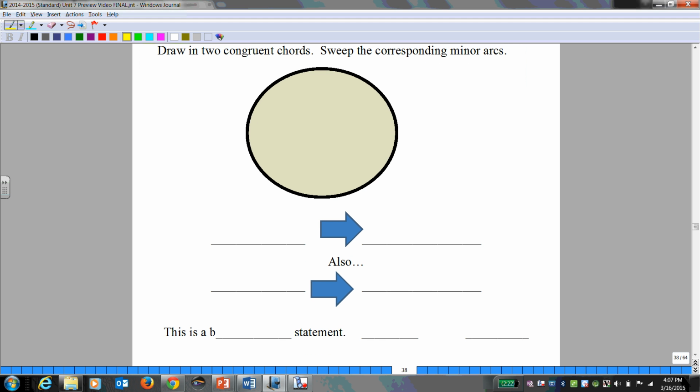First, we're going to start with something simple. It says, draw two congruent chords, sweep the corresponding minor arcs. So we're going to draw two congruent chords, and we're going to sweep the corresponding minor arcs. So let's draw two chords. And they're congruent, so mark them congruent.